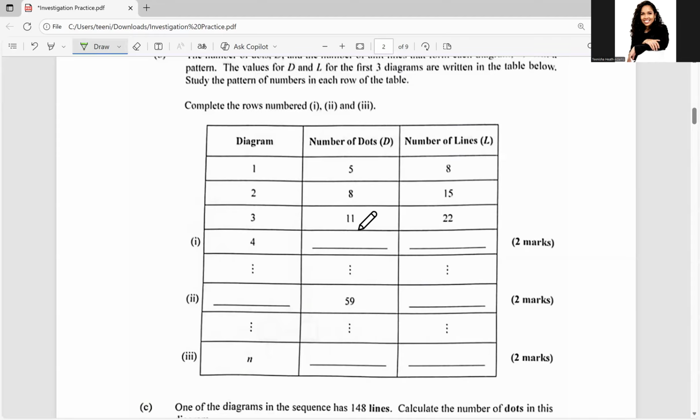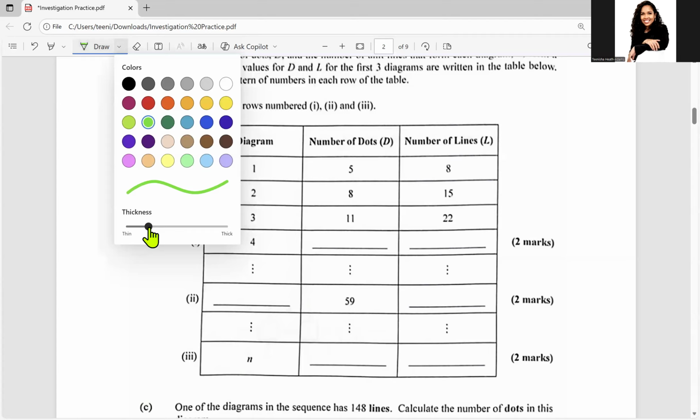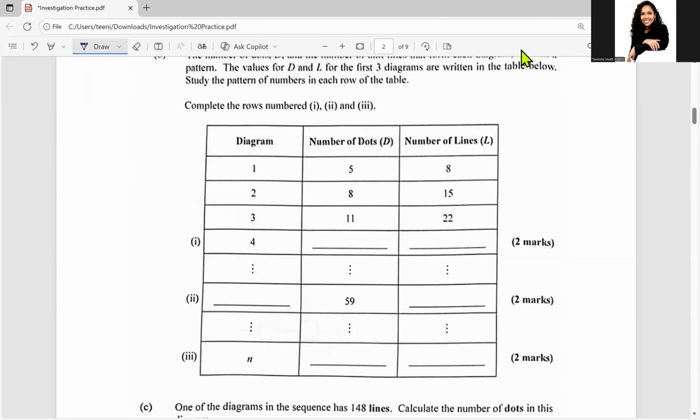So what would I expect the number of dots to be in diagram 4? Anybody? 14, miss. Yes, 14, right? Because it'll be 11 plus 3, which gives me 14.